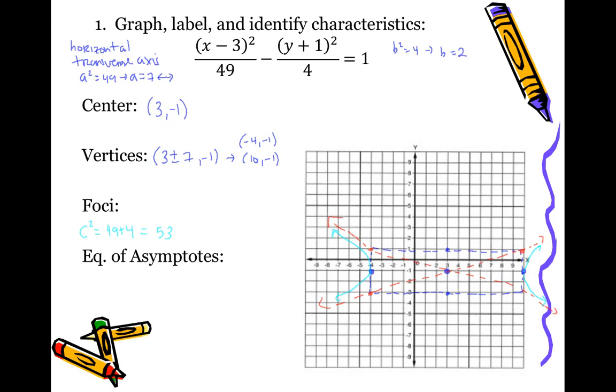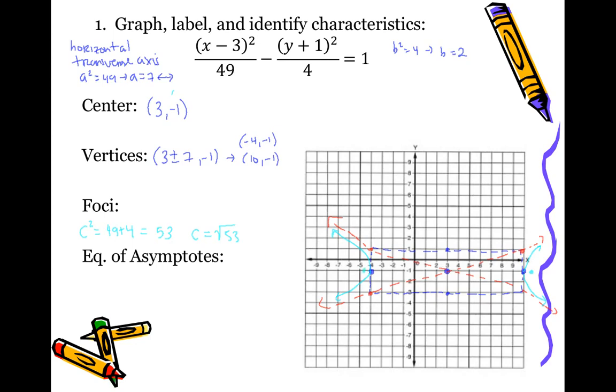No. So c is the square root of 53, which is between what? 7 and 8. So 1, 2, 3, 4, 5, 6, 7, so like right there. And 1, 2, 3, 4, 5, 6, 7.